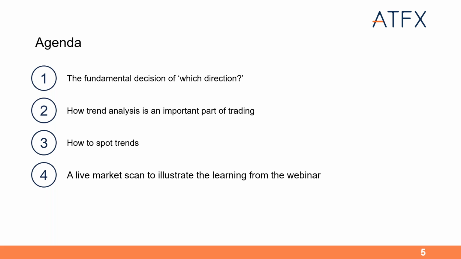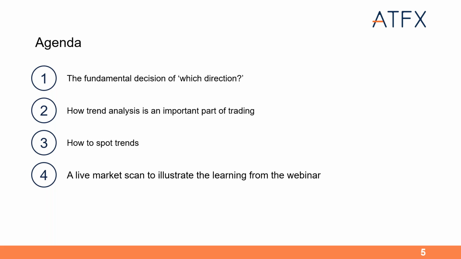So trend analysis is a really important part of trading because it gives us an idea of the market flow. It gives us an idea of who is in charge of the market, whether that's the buyers or the sellers. And of course, what we want to be doing is trading in the same direction as the market flow, the same direction as the majority of others are trading in, and that adds weight to our trades.